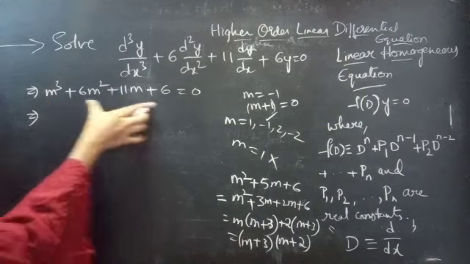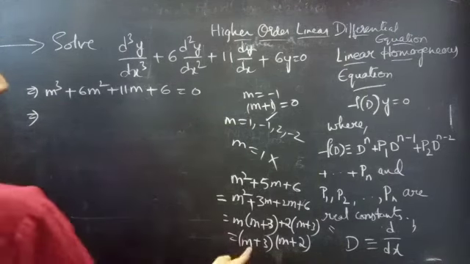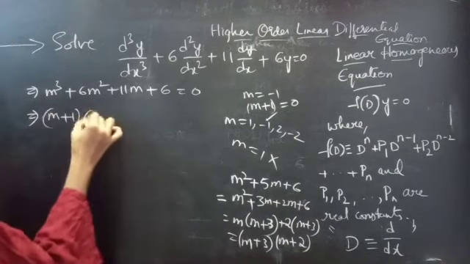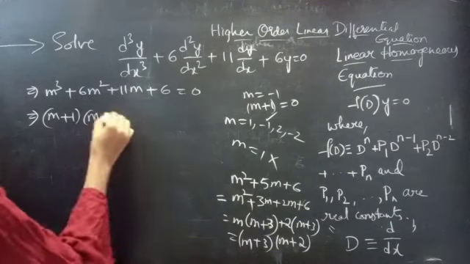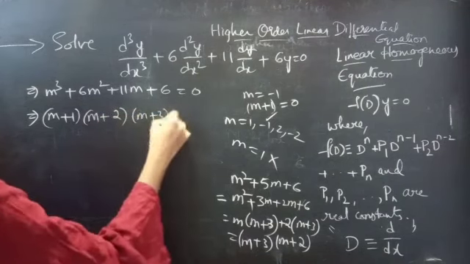So you can write this polynomial as a product of 3 factors. m plus 1 into m plus 2 into m plus 3. I just wrote in order.